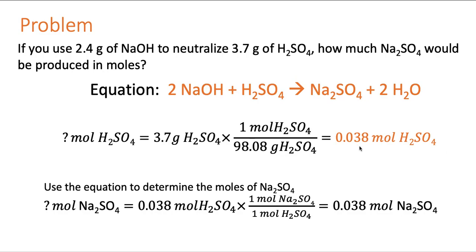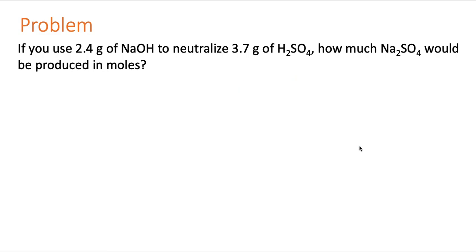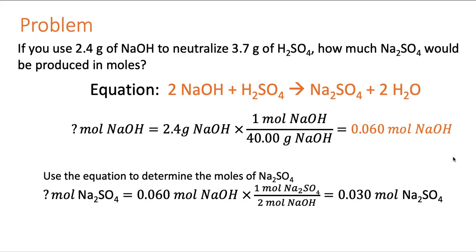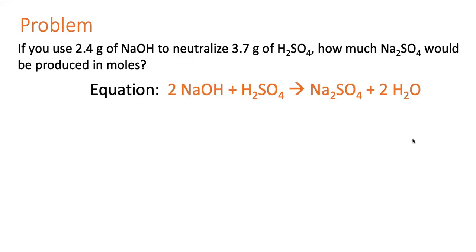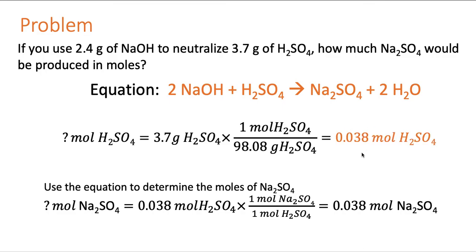Now you might be tempted to think that, because I have 0.06 moles of NaOH and only 0.038 moles of H2SO4, this is going to run out faster. The thing that we have to be careful with here is that we don't have a 1-to-1 ratio anymore, and that changes things a little bit.